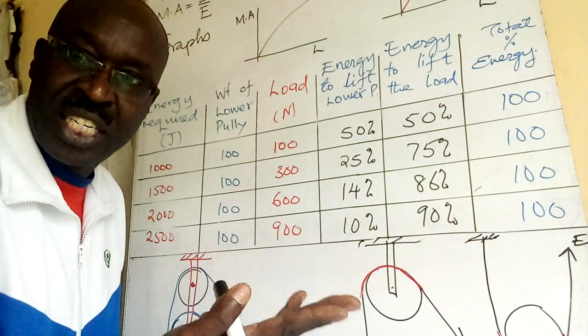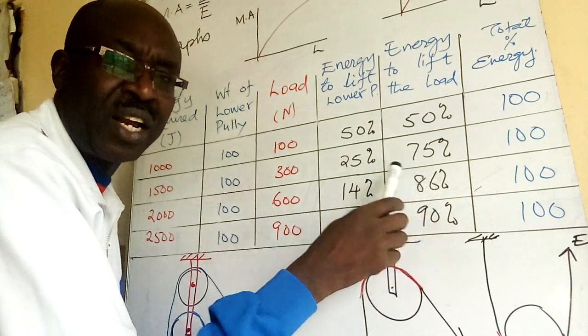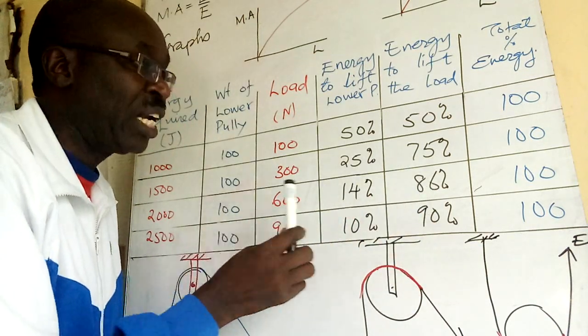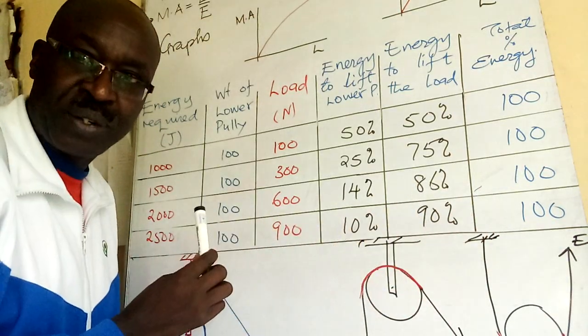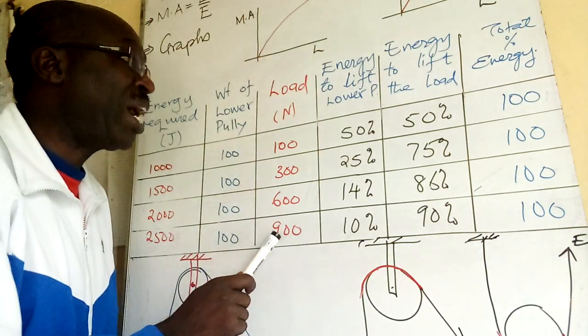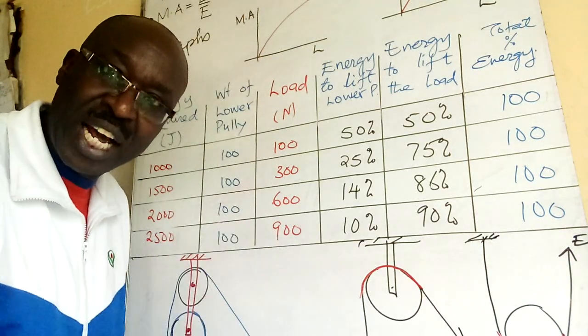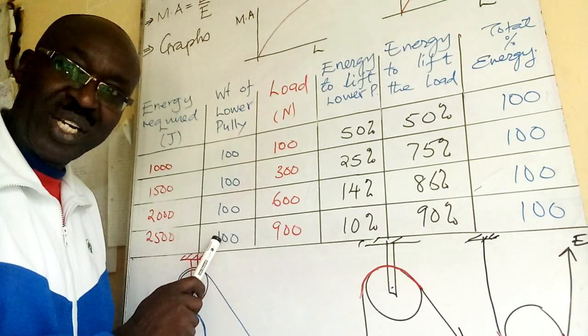But we know percentage is 100. So the balance, if I had started with 86, I don't need to do this calculation. I just take 100 minus 86, I get 14. Lastly, suppose my load is now 900. It does not change the weight of the lower pulley.